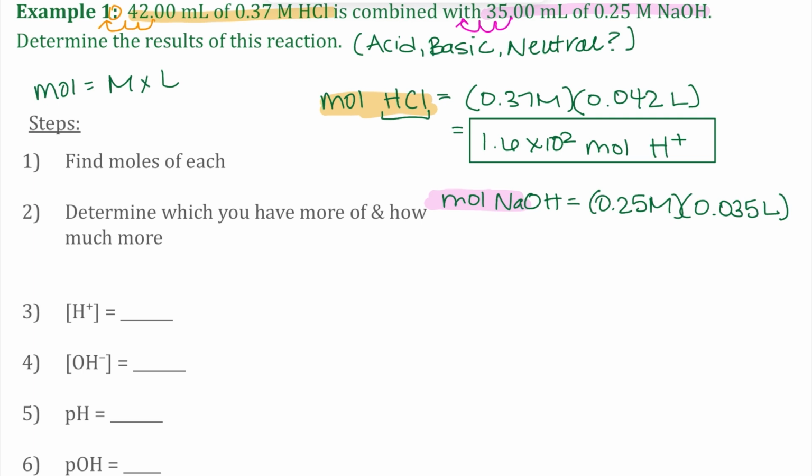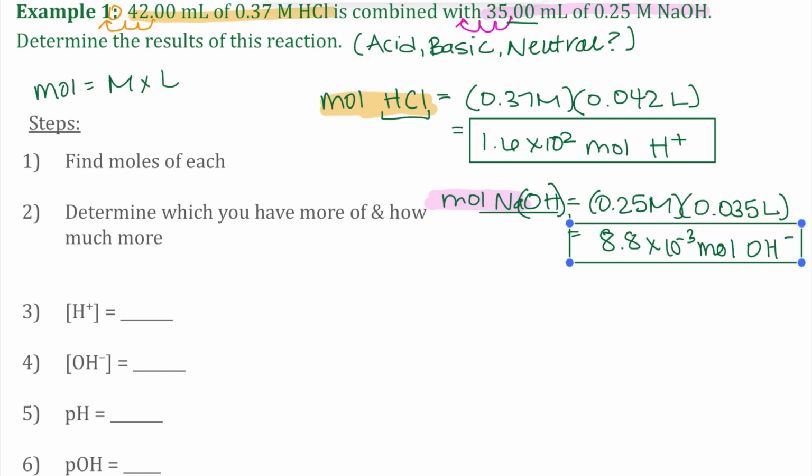Again, I'm dropping these zeros, even though they are significant, because this does just have 2 sig figs. And then I get 8.8 times 10 to the negative 3 moles, and that's my moles of NaOH, but I only have 1 hydroxide, so that is also my moles of my hydroxide ions.